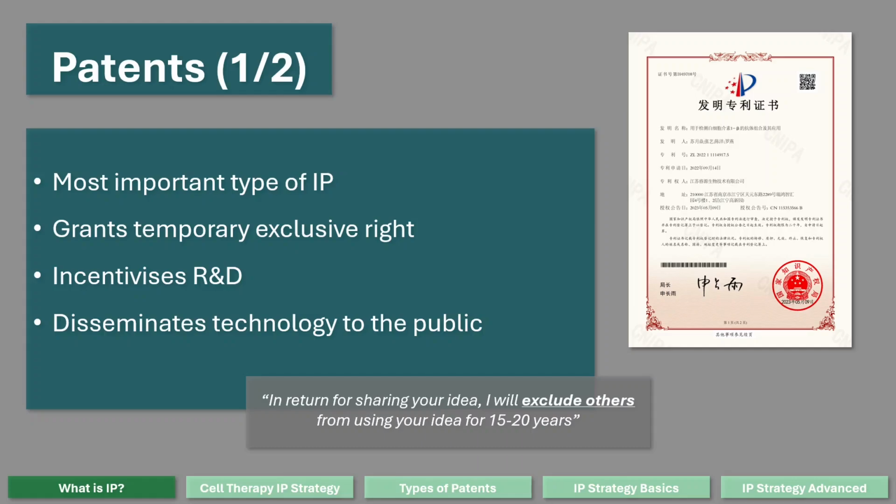A patent basically says that, in return for sharing your idea with the public, I will exclude other people from using the ideas in your invention for a period of time. It is an artificial barrier of entry enforced by the legal jurisdiction of a country. The length of time varies, but is typically 15 to 20 years. The patent owner must pay maintenance fees during this time.